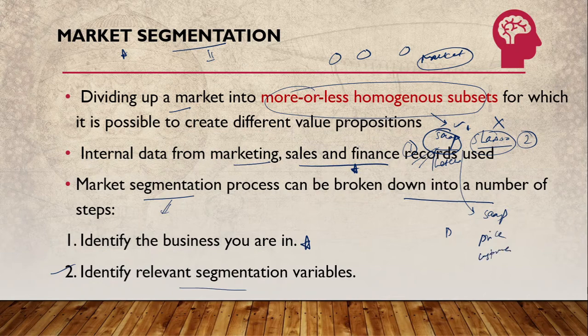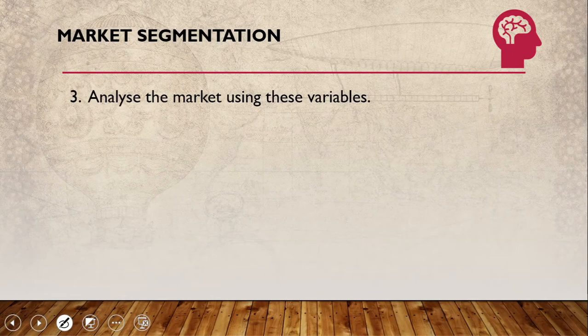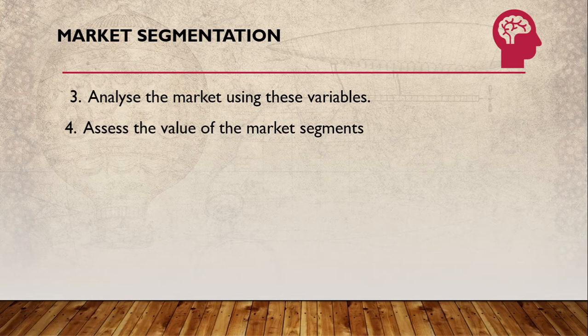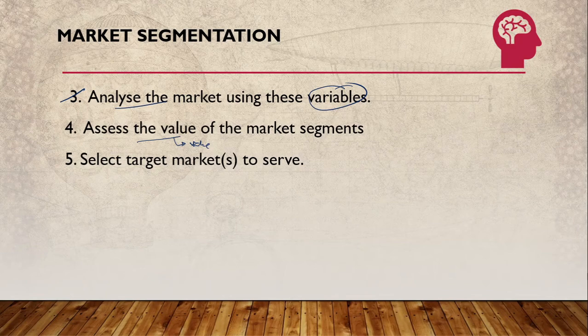These are some of the variables which will define your market segment. So you have to identify these variables also. And then the third is, once you have identified the variables, you need to analyze the market using these variables. And the fourth is you have to assess the value. And the fifth is select the target markets to serve.